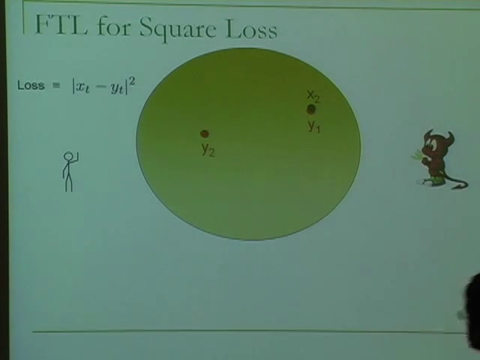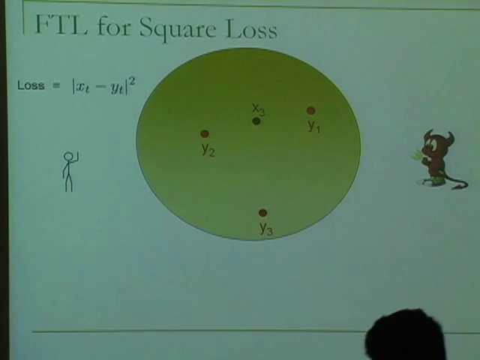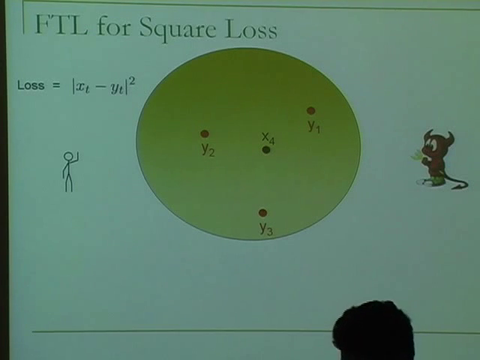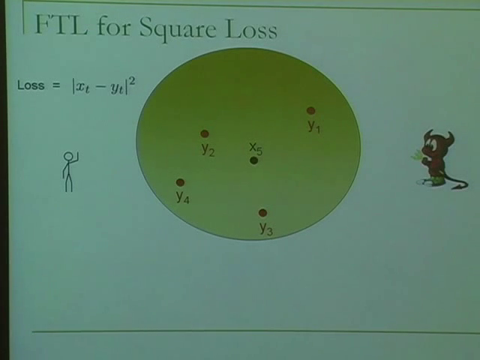Then the adversary decides to play y2. So for x3, for the next decision you make, you just play the average of these 2 points, the midpoint. And then you get y3. You play the average of these points as x4, and so on and so forth. As you can see, as time increases, the amount you move keeps decreasing.